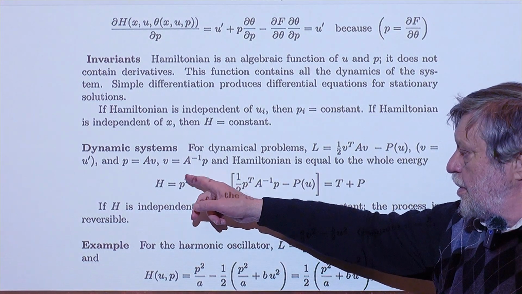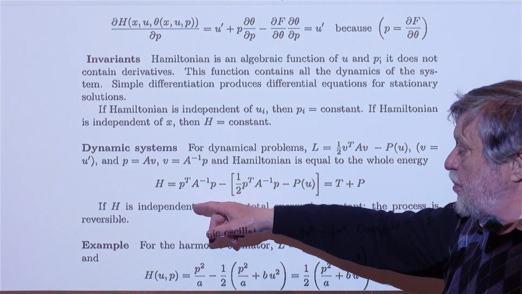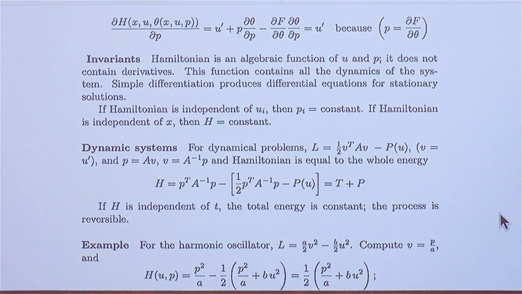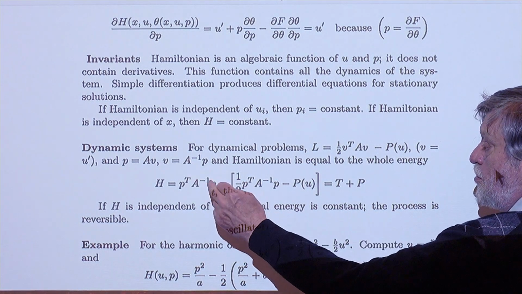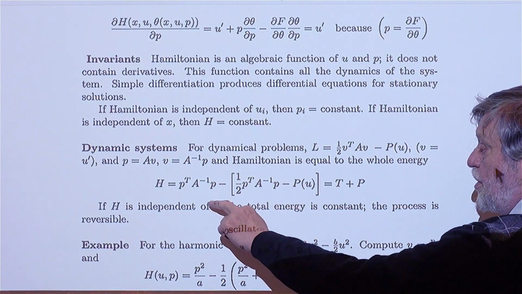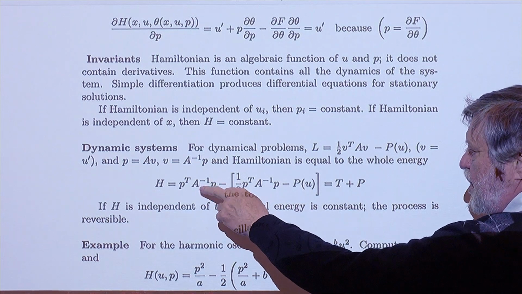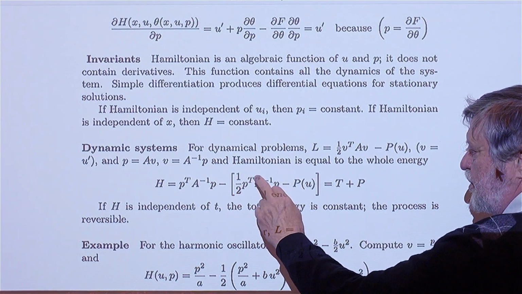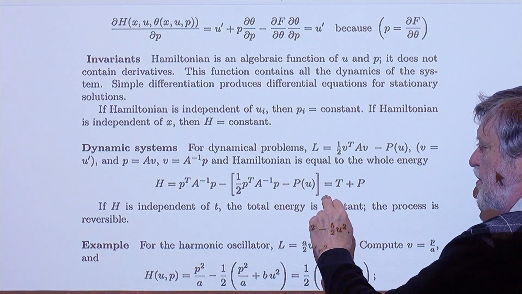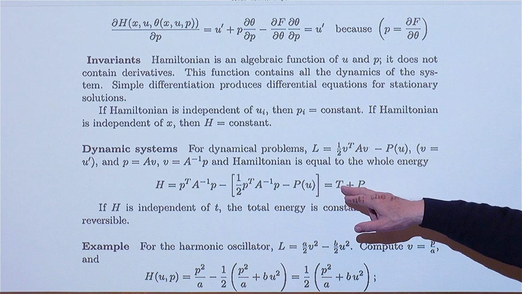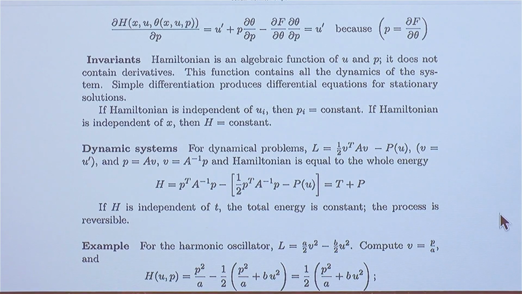We will have the first term, p multiplied by this v, minus kinetic energy plus potential energy. You see that this first term is double the kinetic energy. So when we subtract the kinetic energy from double kinetic energy, we have T plus P. So the Hamiltonian in time-dependent dynamical problems is equal to the total energy of the system, kinetic plus potential energy.